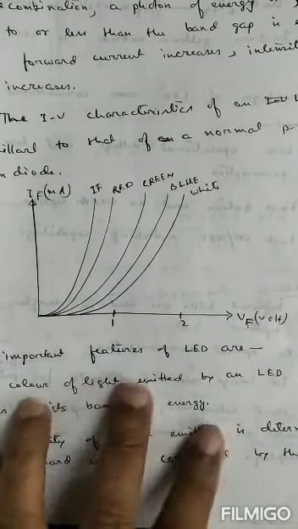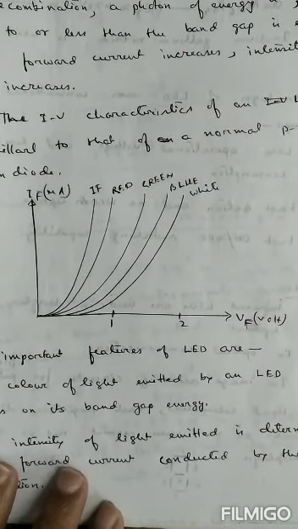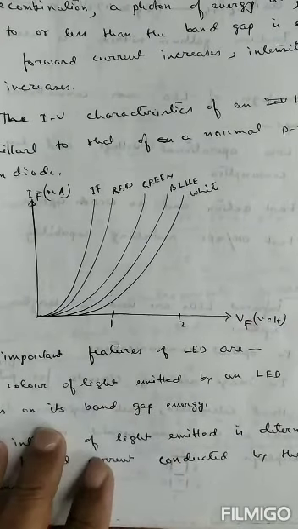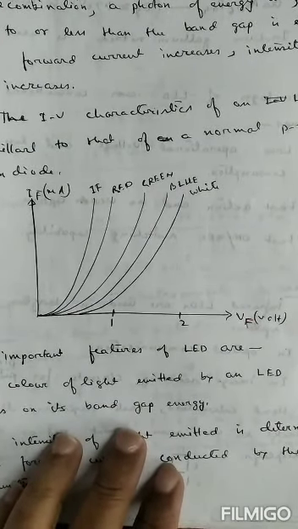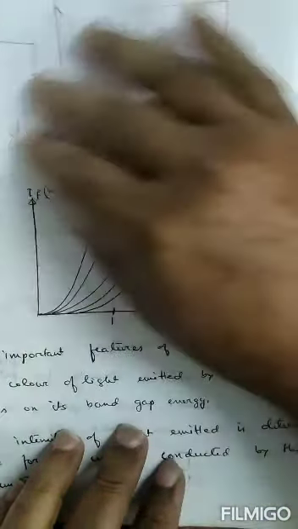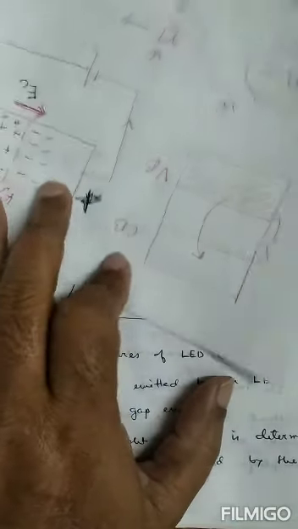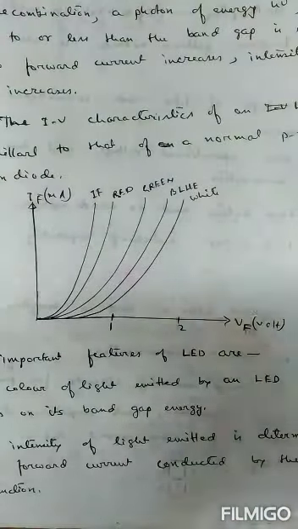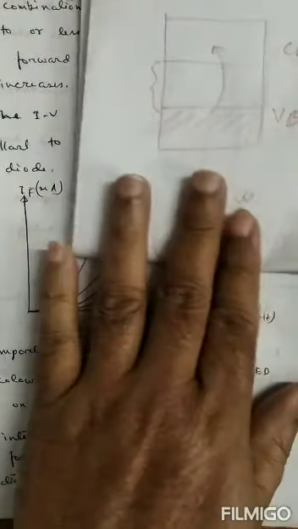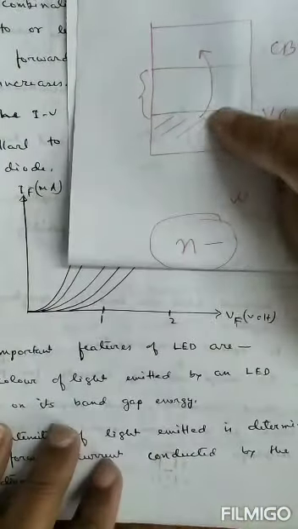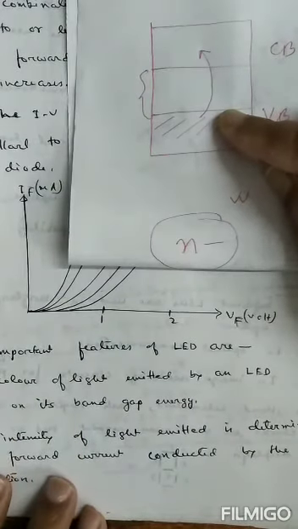Two important features of LED are: the color of light emitted by an LED mainly depends on the band gap between conduction band and valence band.